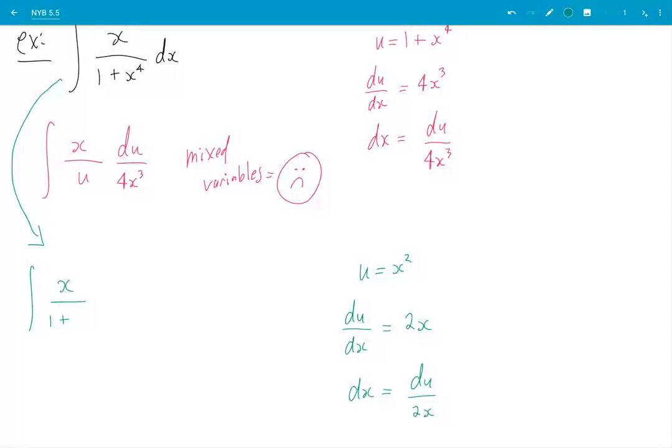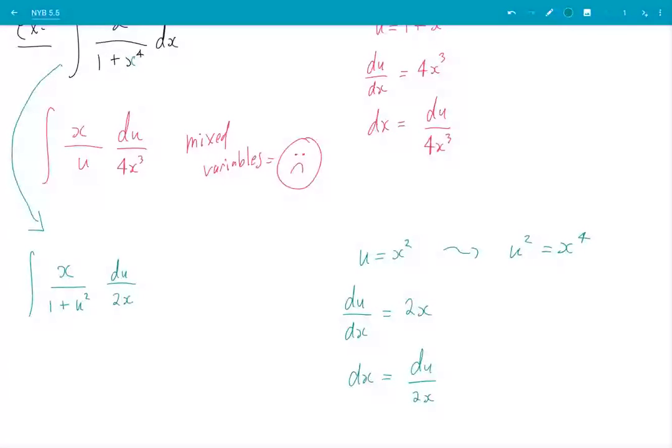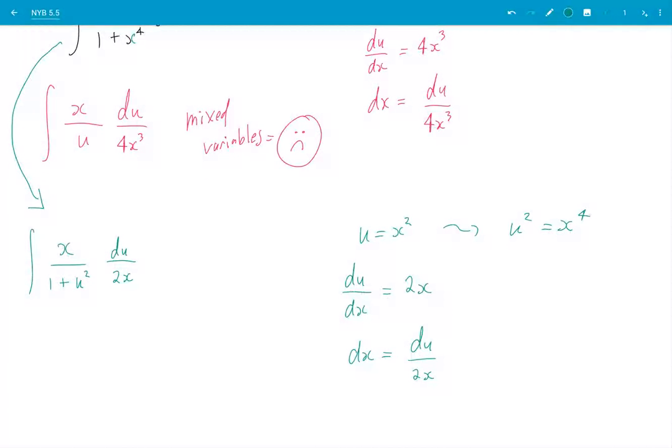What's happening here? What's going to happen to this x to the 4? Oops. It's going to become u squared, right? If I square both sides of this equation, you get that. Now something good has happened.